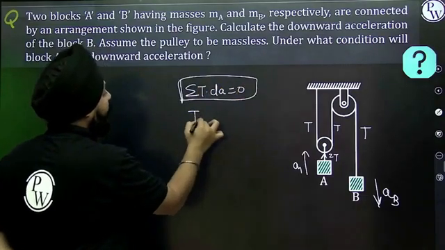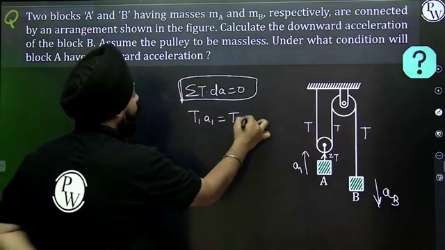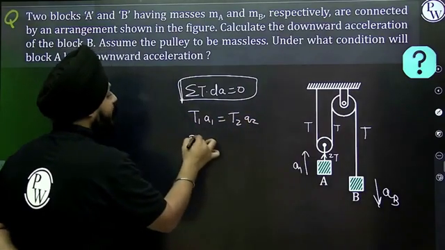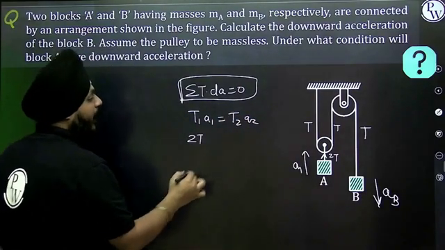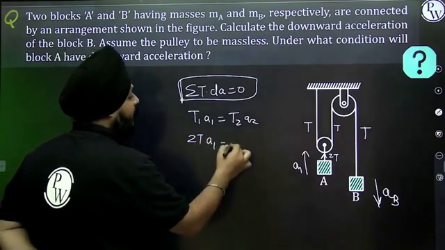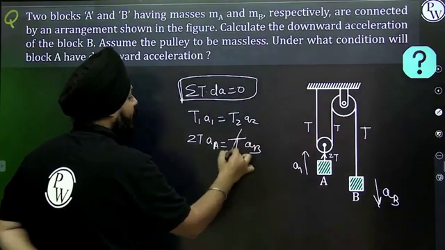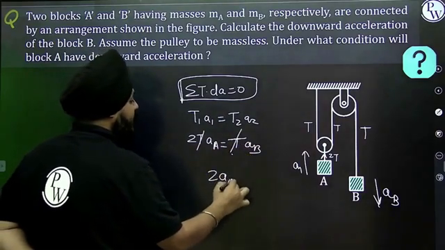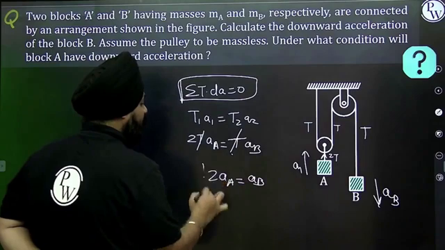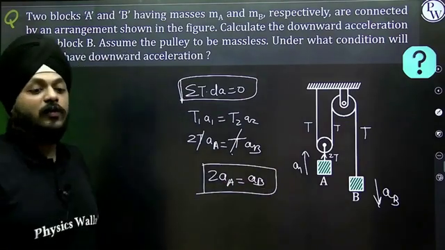Directly we compare T1 A1 equal to T2 A2. The tension on this will be 2T, so 2T into A of A equals T into A of B. Here we are having the constraint relation, twice the acceleration of A is equal to twice the acceleration of B.